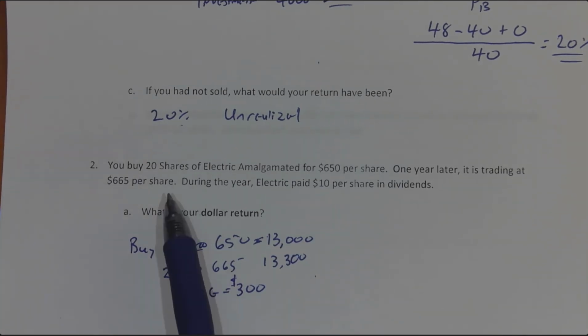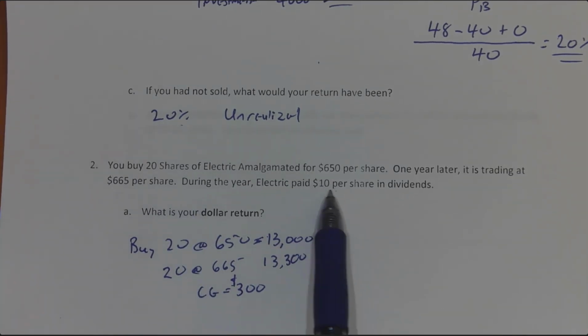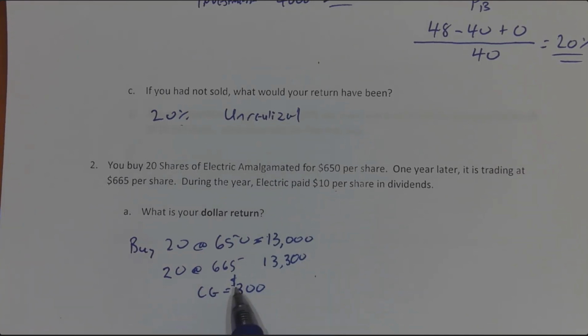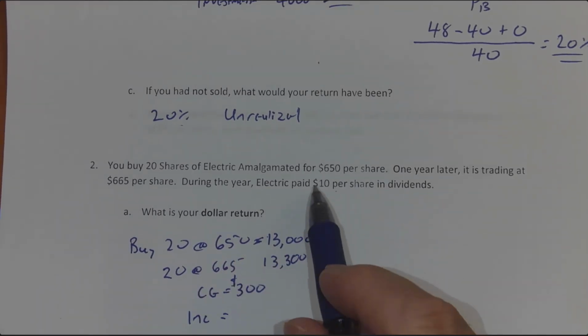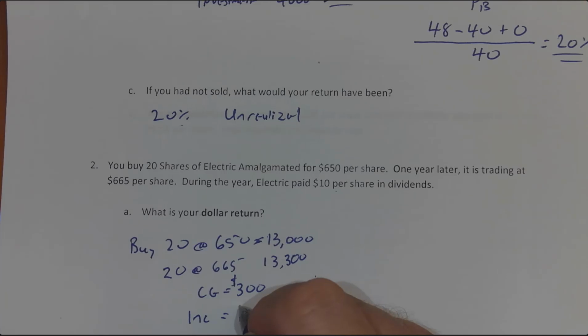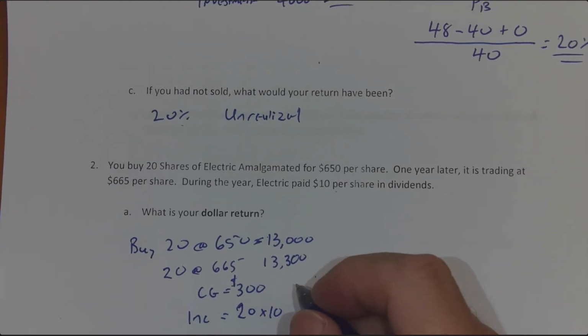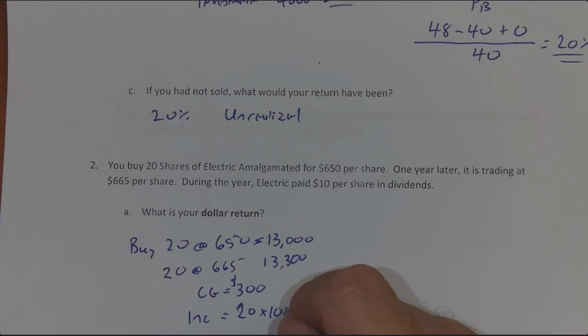In addition, during the year, it paid $10 per share in dividends. So I've got a capital gain component here, but I'm also going to have an income component, which is going to be $10 per share times 20 shares, which is going to be $200.